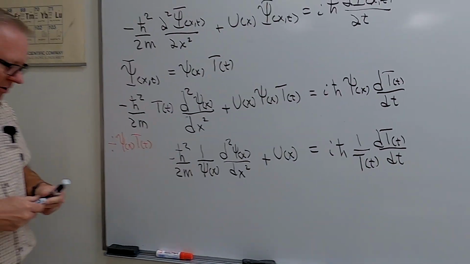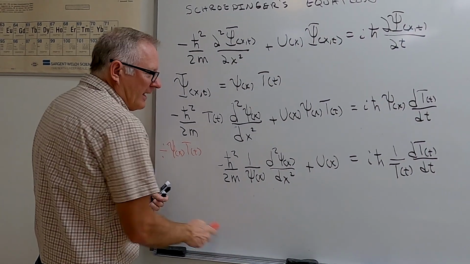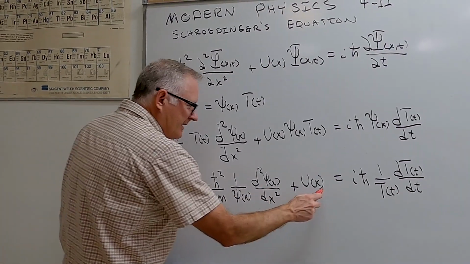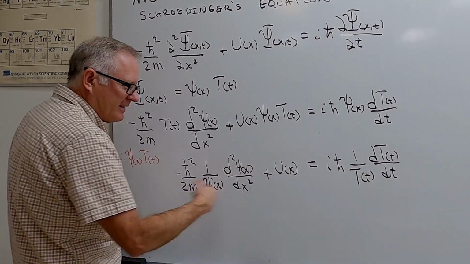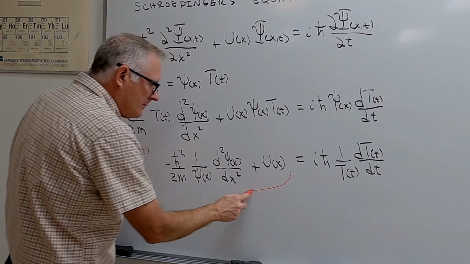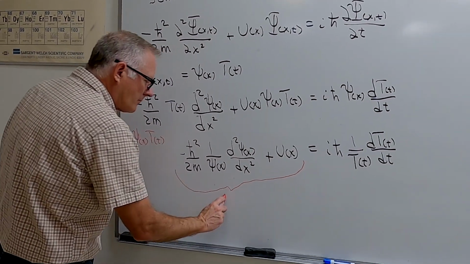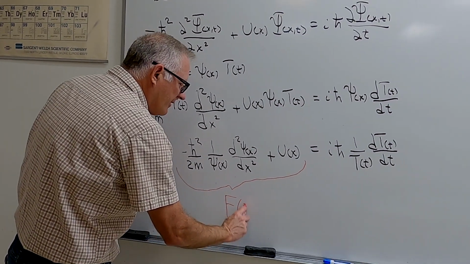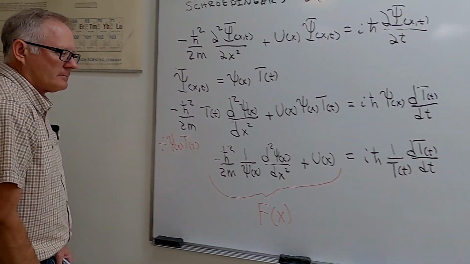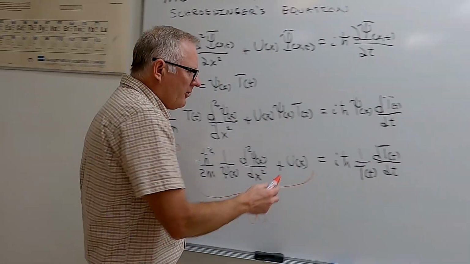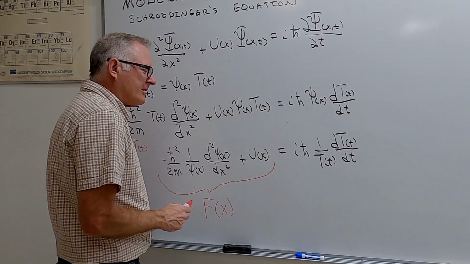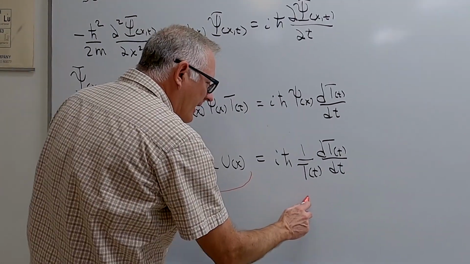Now you'll notice that everything in this equation, there's no time in this part, it's all x's. This is just some function of x. You'll notice that this has no x's in it, it's just a function of time.